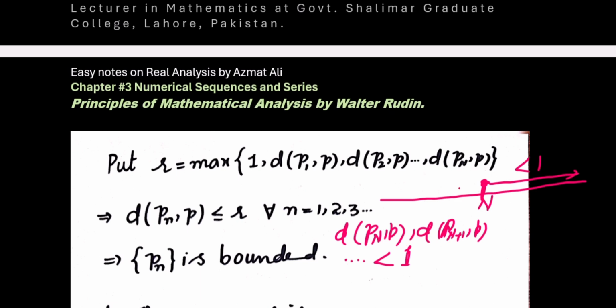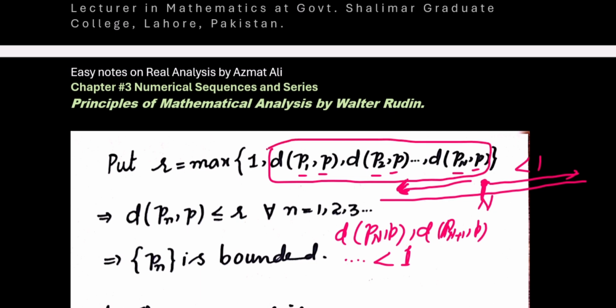Now what about the terms on the left side, the left tail? We take the distances d(p1, p), d(p2, p), up to d(pN, p). These numbers, together with 1, have a maximum, which we denote by r.